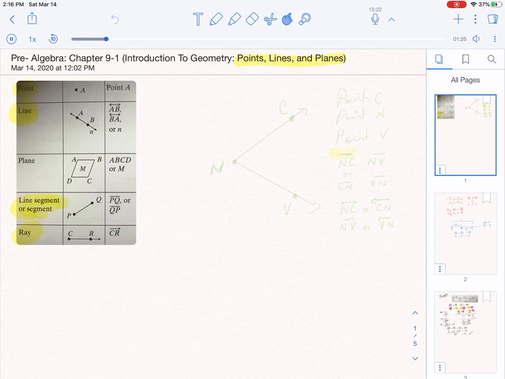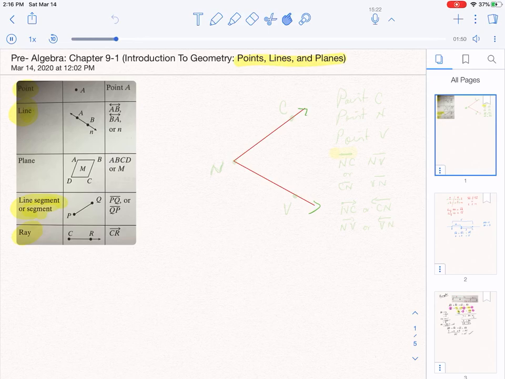Okay, let's take an example of an angle. An angle has two rays combined.